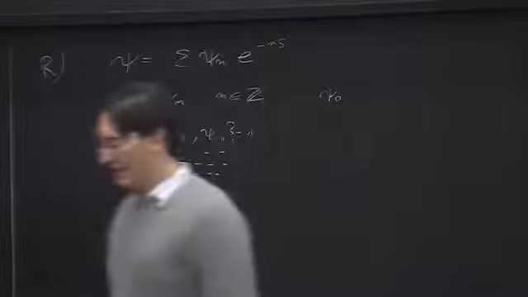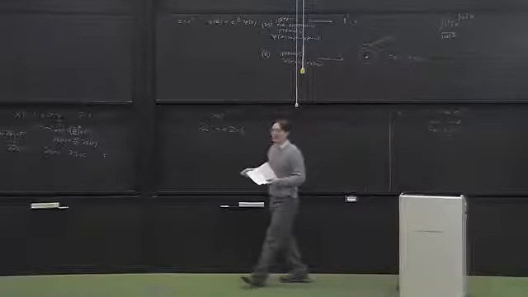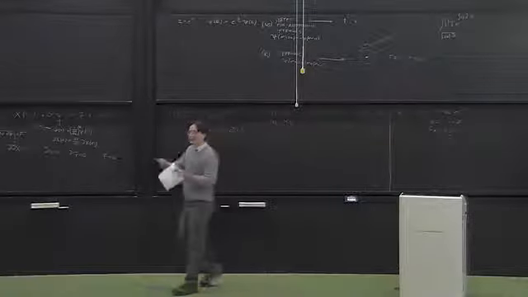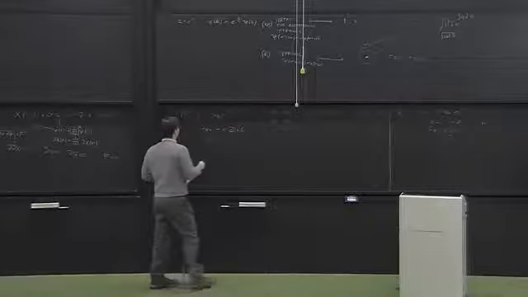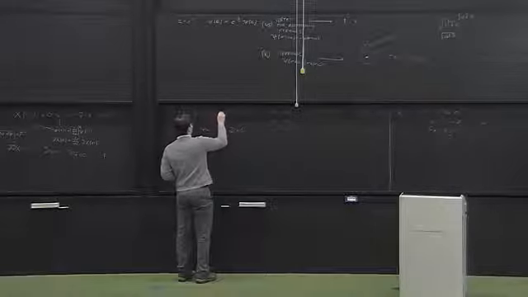Now, to understand the effect of this psi 0, it is actually useful to keep track of all the fermions we have in the game. So let me put back the Lorentz indices, which I had suppressed.